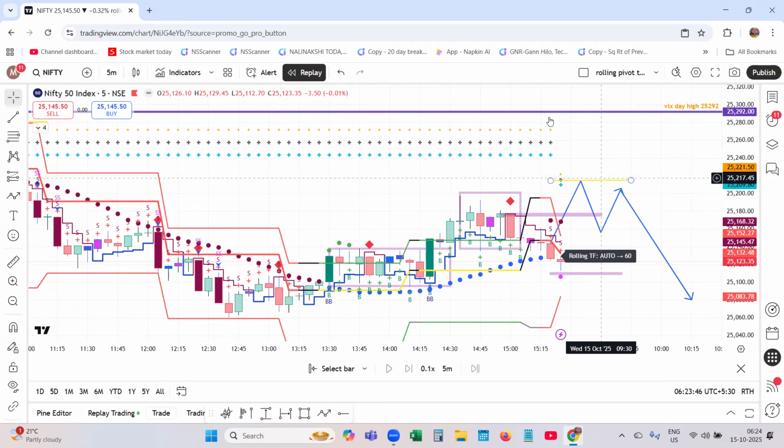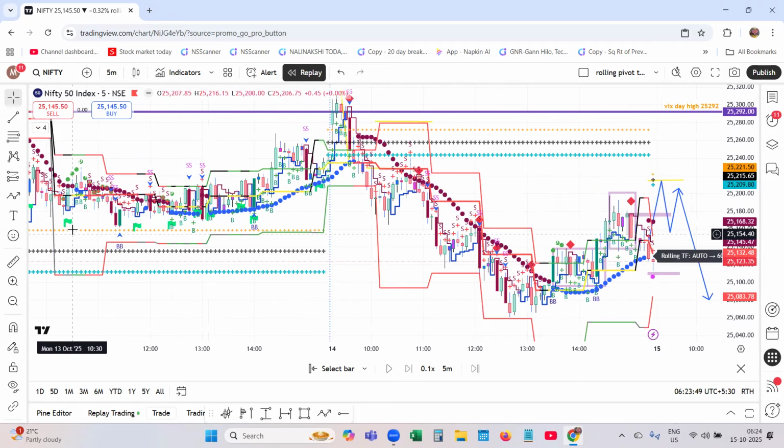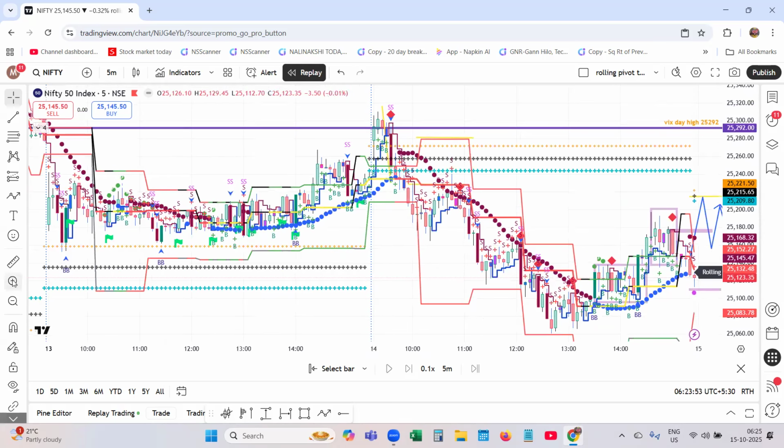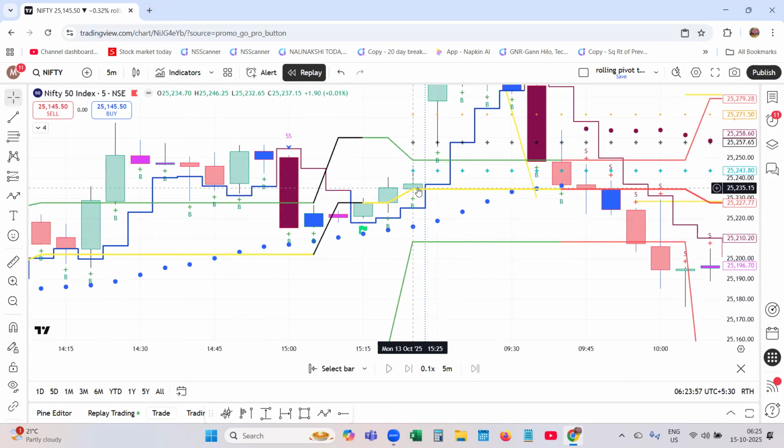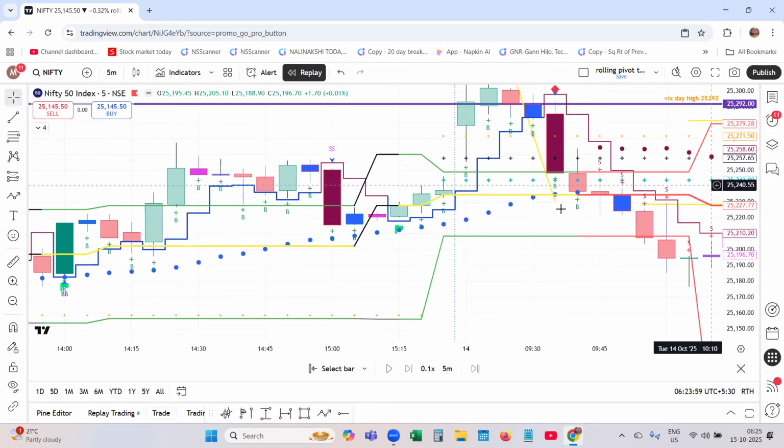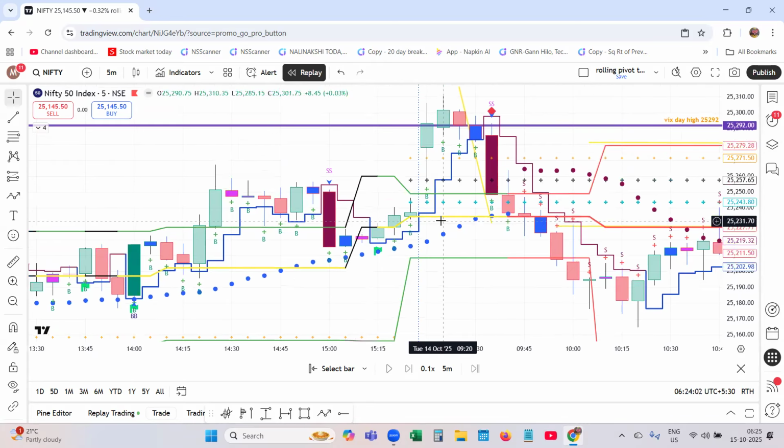Manipulation can happen. Here, what did you see? You saw that the big player, after 3 p.m., positioned himself to gap up, to trap the people. The sweep is there and he gapped up.